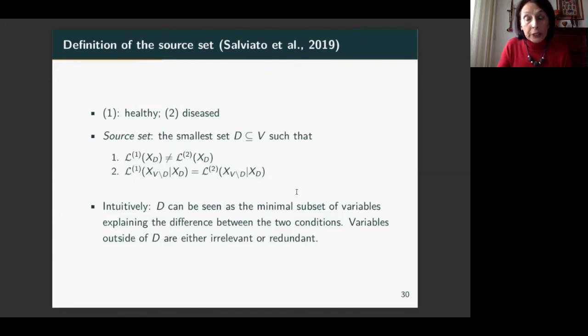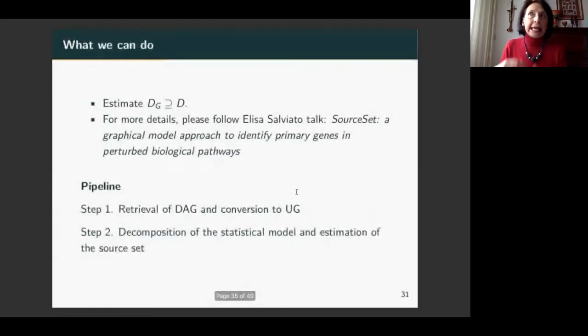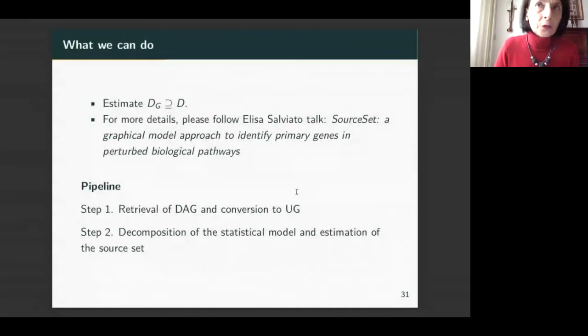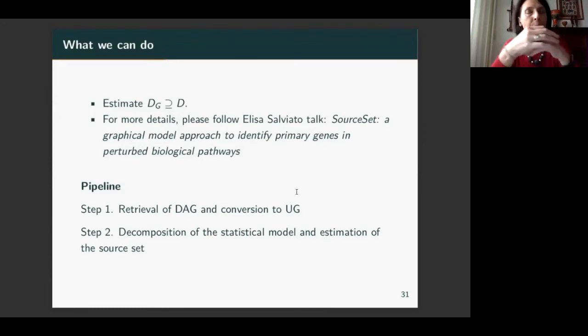What we can do here is provide an estimator and an estimate, of course, of a superset, the smallest superset, which is the set covering the source set, which is compatible with the graphical graphs, cliques and separators of the graphical model associated with the system.